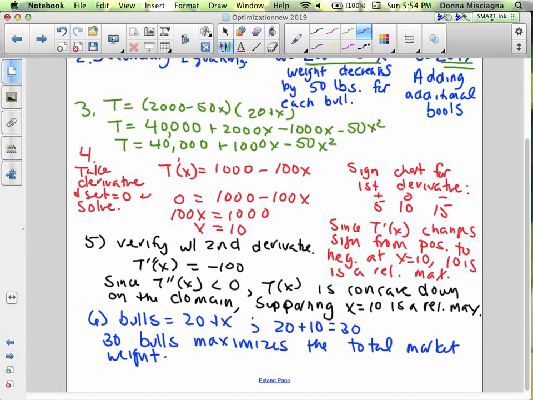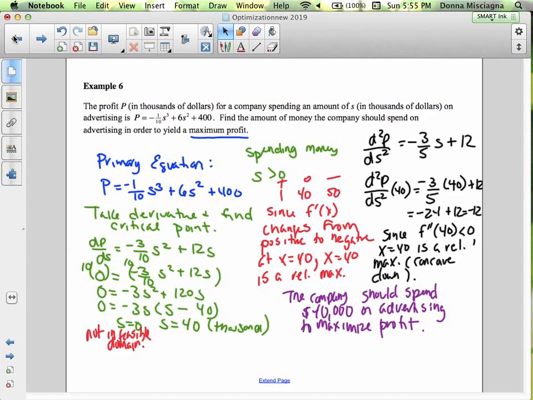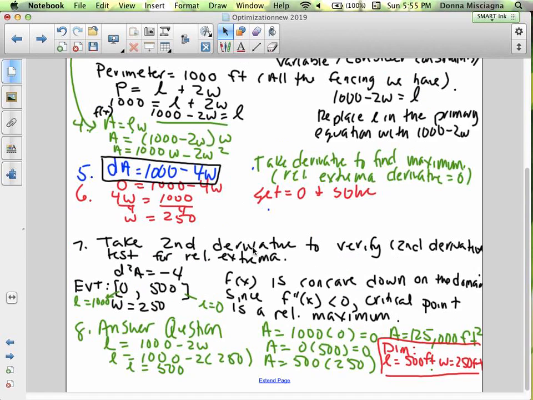I am reminded that my last sentence on my last problem was a little weak. I kind of squeezed in the answer there. You should make it clear and answer in a sentence, like 30 bulls maximizes the total market weight. On the last question, where I have the dimensions, I really should make that say it clearly; I just ran out of space.